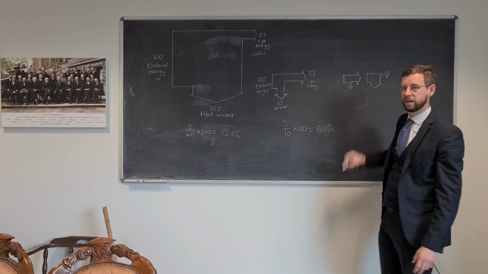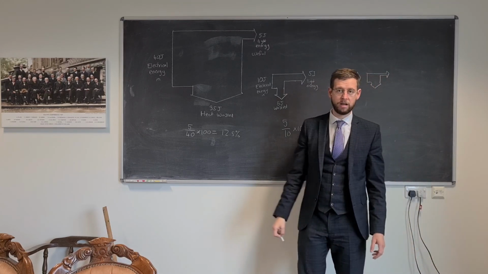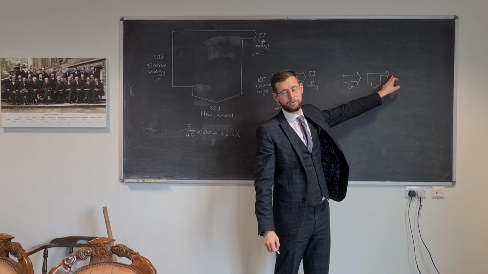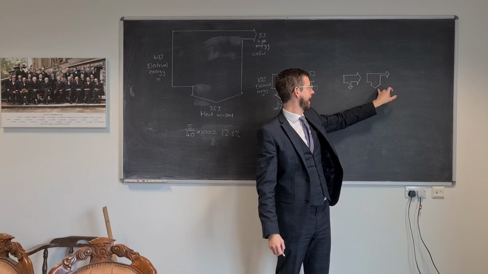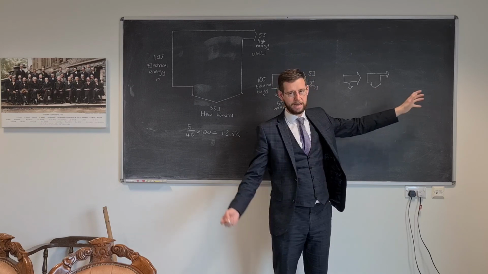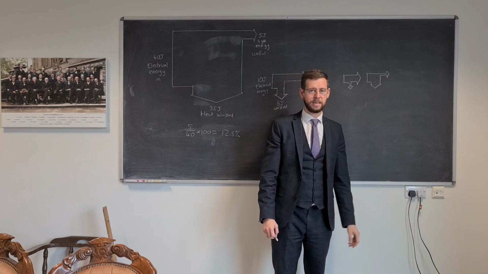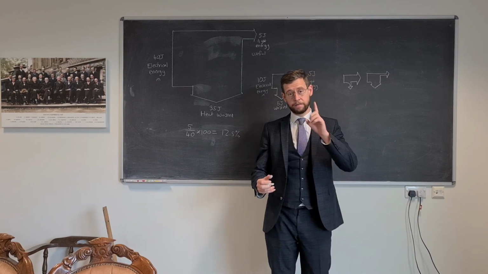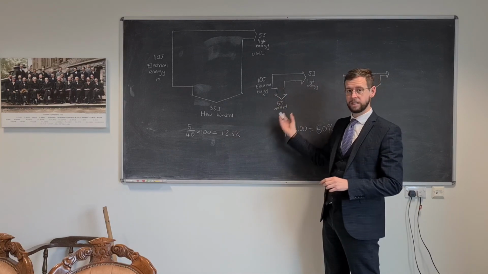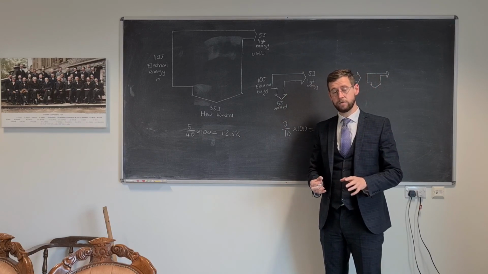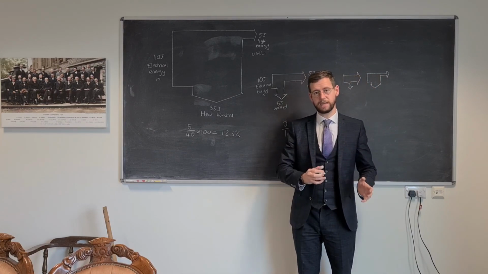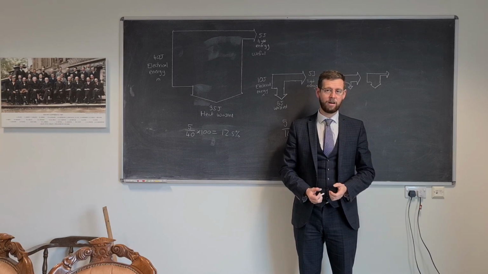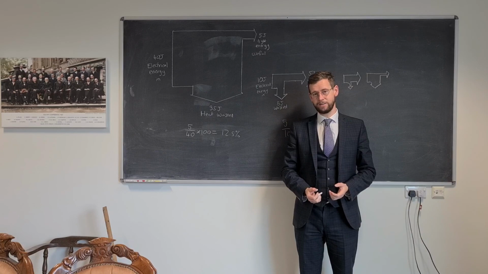For example, this one here could be the Sankey diagram of a motor car with the kinetic energy increase over here, and down here it would be sound and heat, etc. So Sankey diagrams offer us a way of understanding, first of all, just how much energy we need to run our appliances. Second of all, by looking at the sizes of those arrows, enables us to work out just how efficient an object or an appliance is just by looking at it.